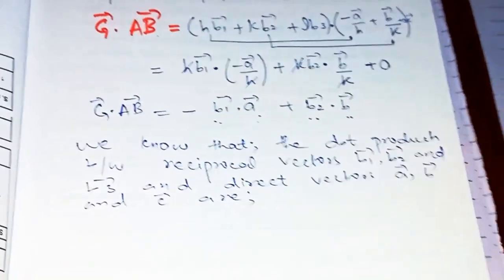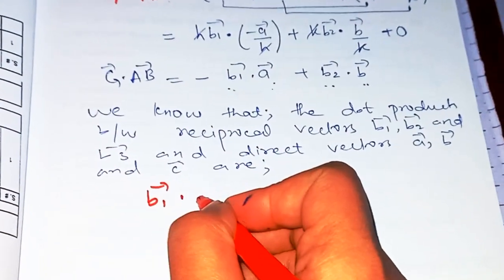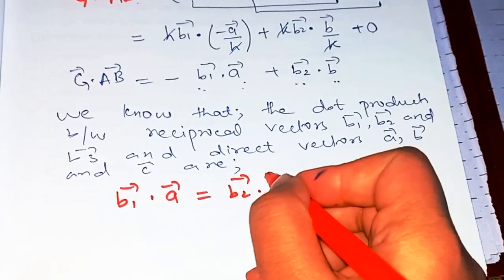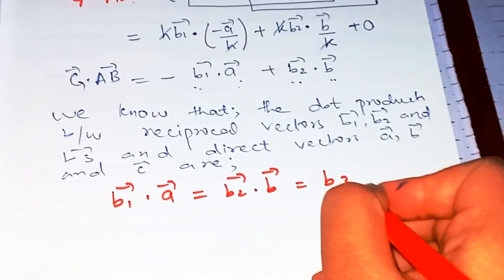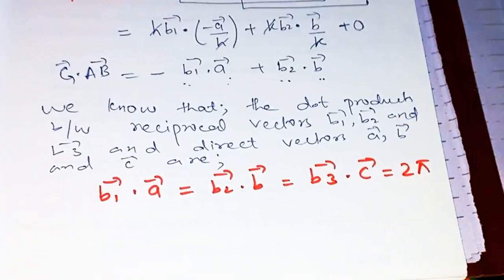I'm just writing down the whole relation. It's like b1 dot a equals b2 dot b vector equals b3 dot c vector. They are all equal to 2 pi.